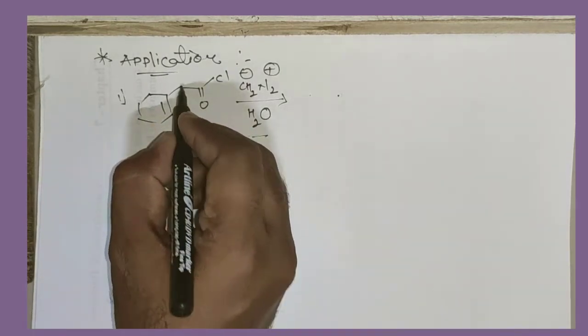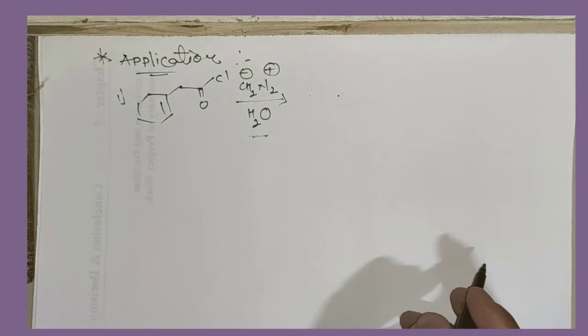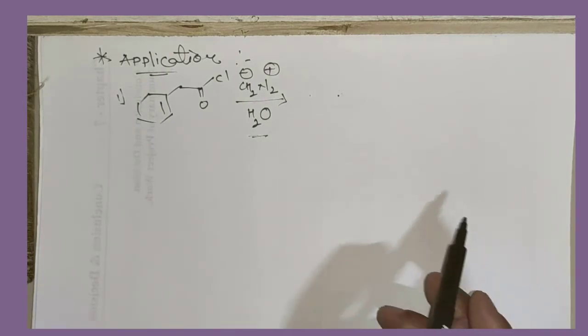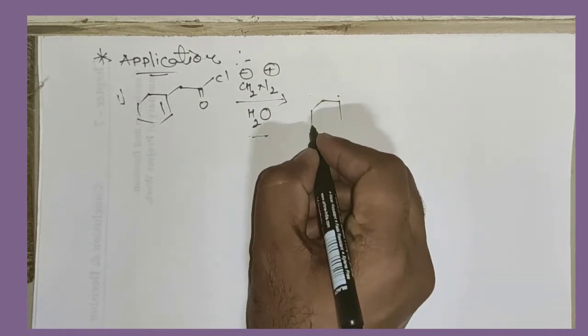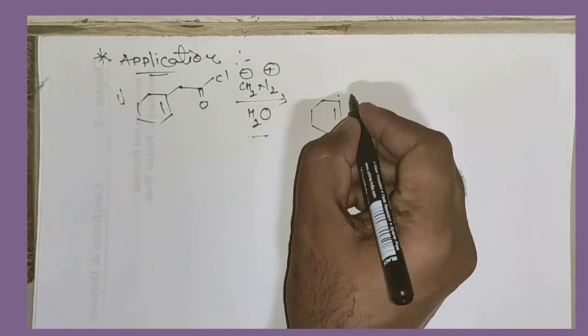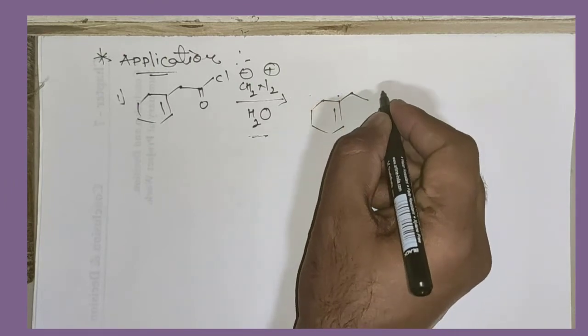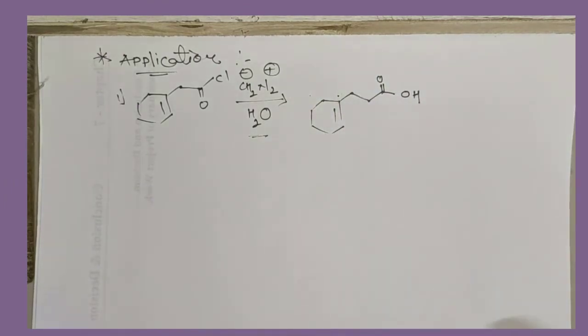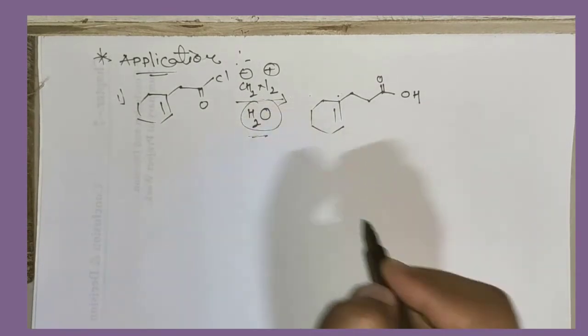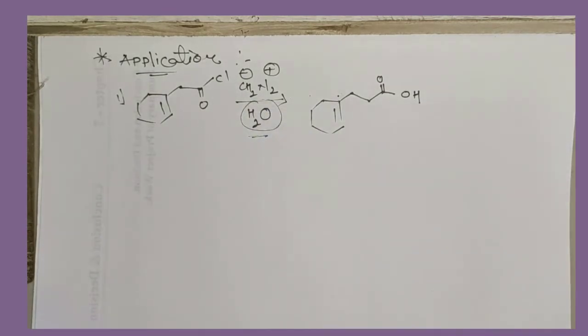So here carbon 1, carbon 2, right? As we know, in the Arndt-Eistert reaction, one more CH2 is added. So the final product keeps this part as it is. Here one carbon as it is, one more carbon is added, and the final product is COOH. Why COOH? Because we are adding the water molecule over here.